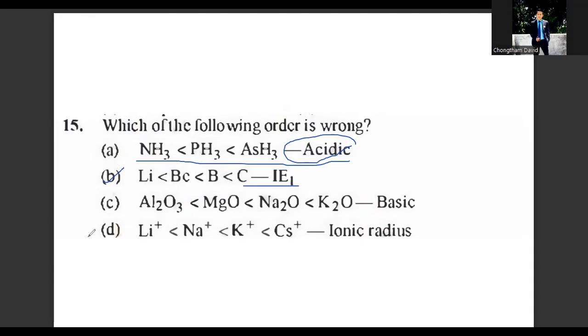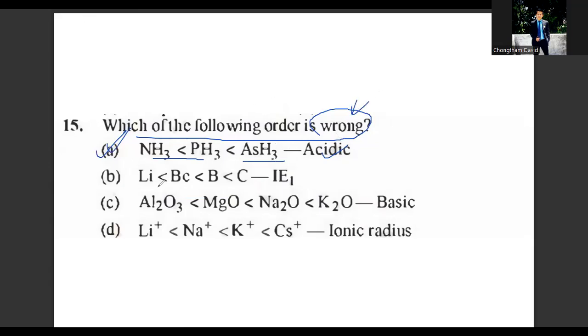No, this would also be wrong. The question is asking to determine the incorrect statement. Which of the following is wrong? Okay, not the correct answer. So ammonia, phosphine, arsine. Okay, acidic, correct. It should be correct because the ability to release hydrogen would increase. A is the correct option, but we have to figure out the wrong answer.